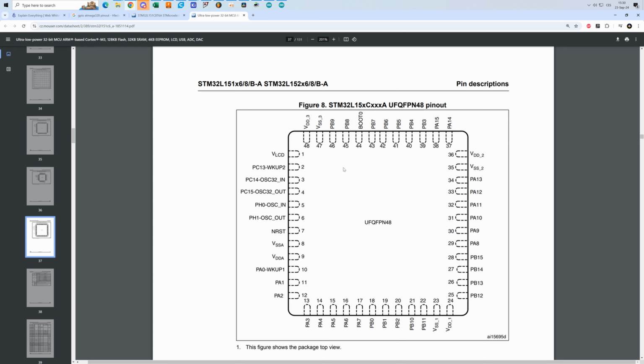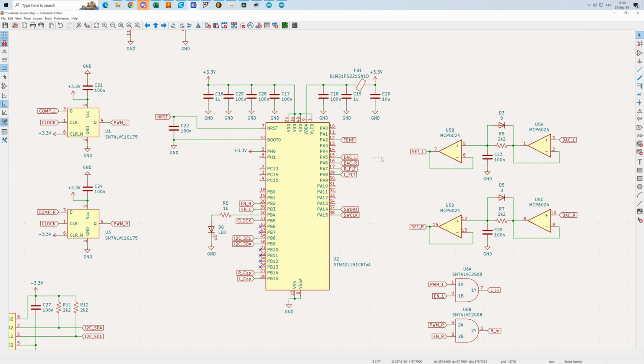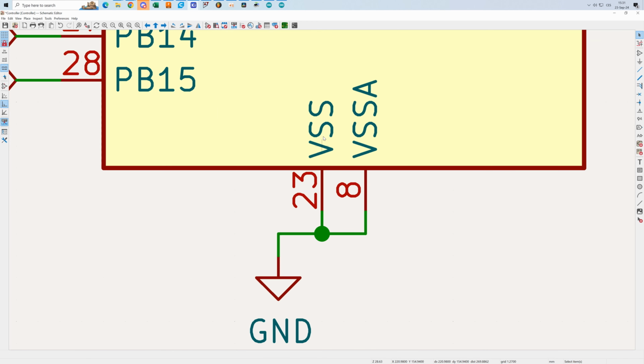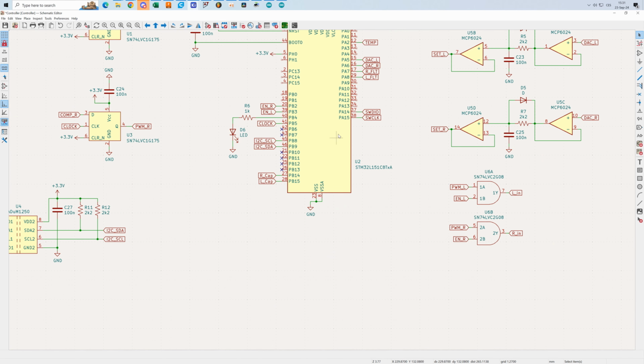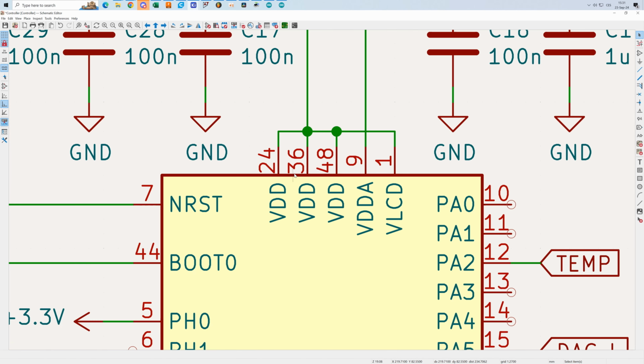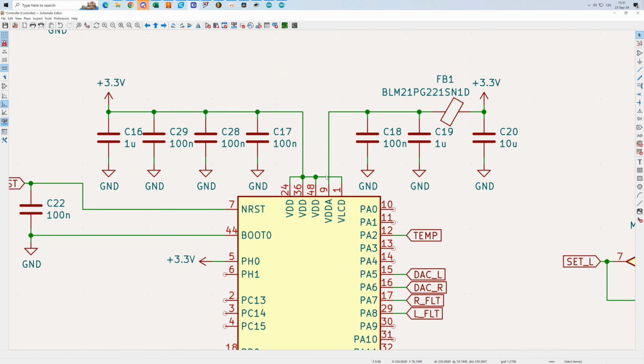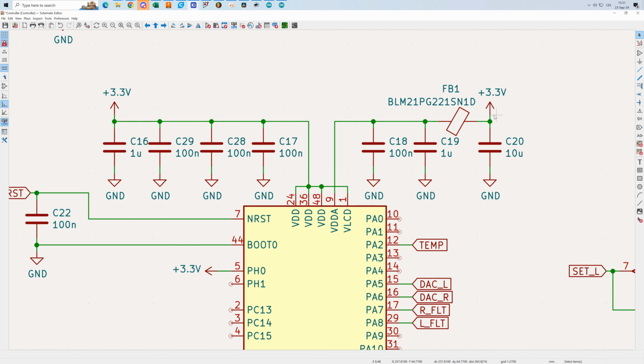So let's have a look at one schematic that I've made recently. This is a schematic that's using an STM32L151. You can see both of these ground pins are, of course, grounded. And all of these, which are the positive supply rail pins, are connected to 3.3 volts.